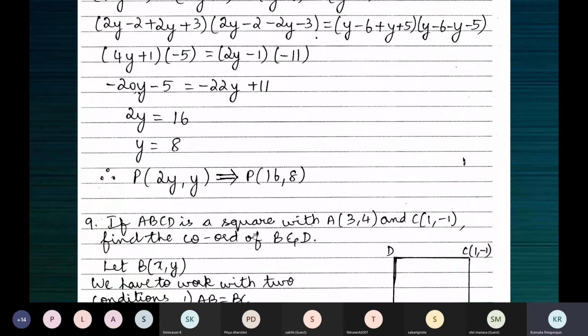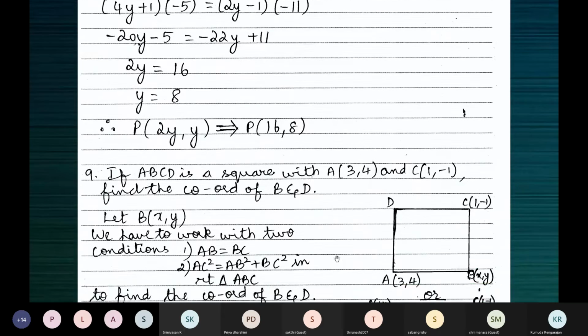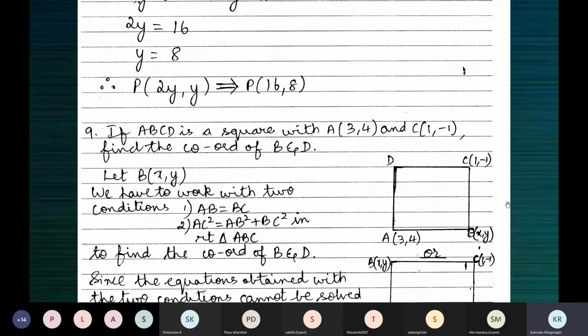So if ABCD is a square with A (3, 4), C (1, -1), find the coordinates of B and D. This is what is given. Square, AC, BD.